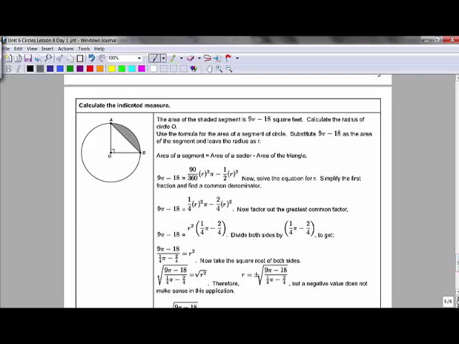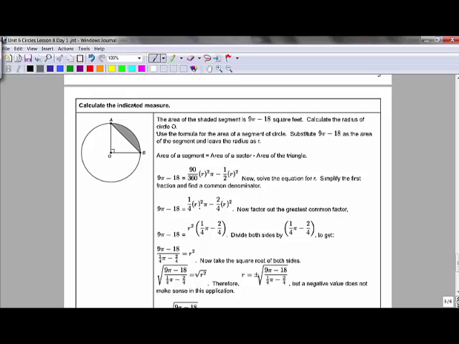Okay, and then the last little piece here, we're going to be given the area of the segment and asked to solve for the radius. And so we just set it equal to the formula there. We have our segment area would be the area of the sector minus the area of the triangle.